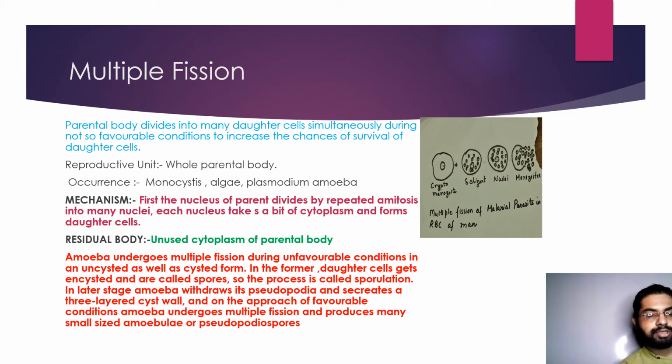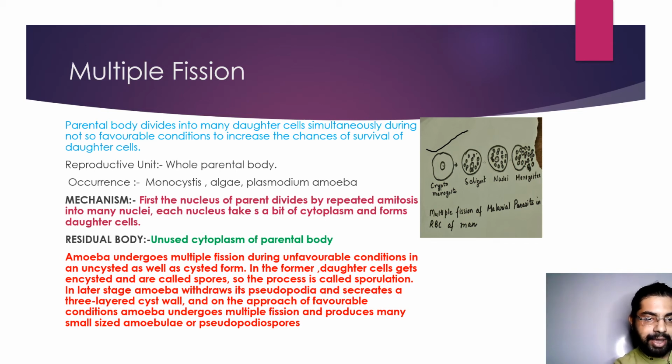So it happens during not so favorable conditions in order to increase the chances of survival of the daughter cells. Here the reproductive unit is the whole parental body, and its occurrence is found in monocystis, algae, Plasmodium and amoeba. Now the mechanism. First, the nucleus of the parental body divides by repeated amitosis, that is karyokinesis, into many nuclei, and then each nucleus takes a bit of cytoplasm and forms a daughter cell.